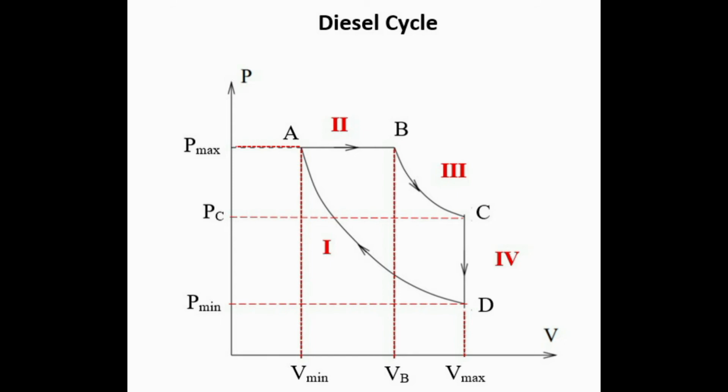The value of K3 can be found by the equation K3 equal Pmix times Vb to the power gamma. The volume varies from Vb to Vmax. In 4, the process is isochoric and the pressure varies from point C to point D under the same volume as Vmax.